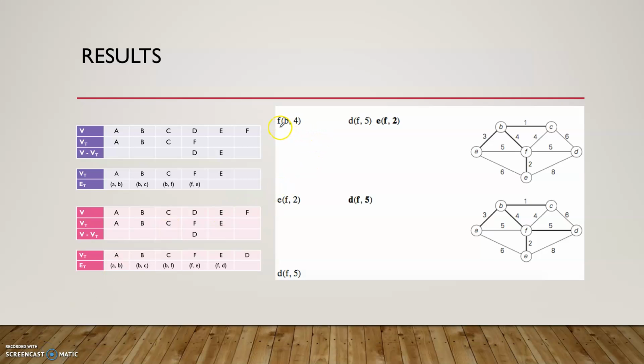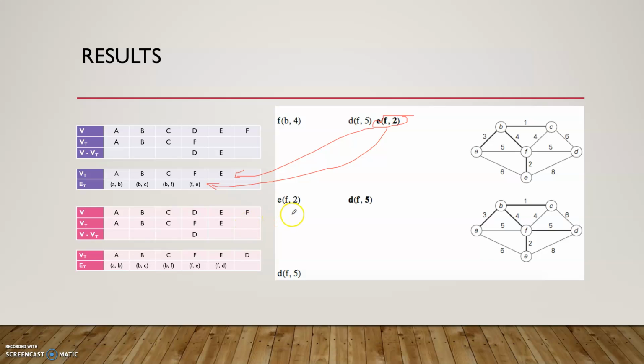Again, the same logic here. It goes through all these possibilities. It finds that the smallest is EF or FE, adds E to the VT list, and adds FE to the ET list for the minimum spanning tree.